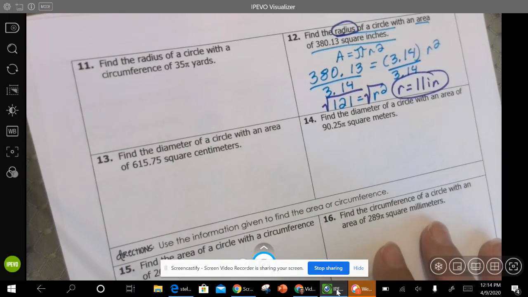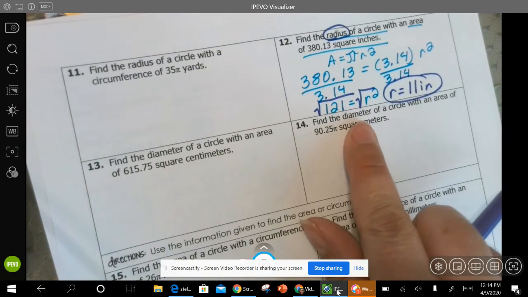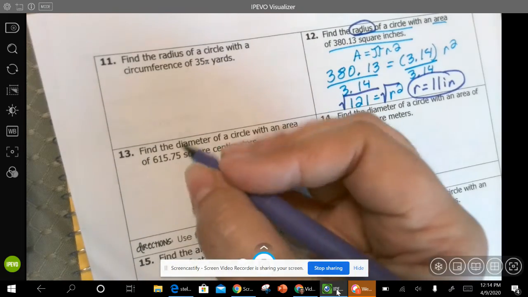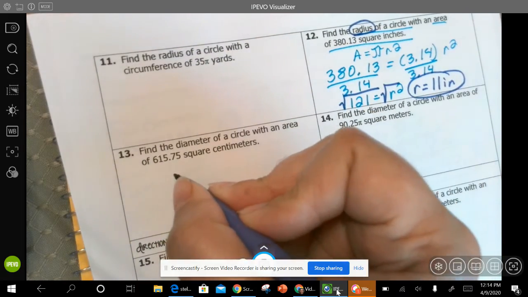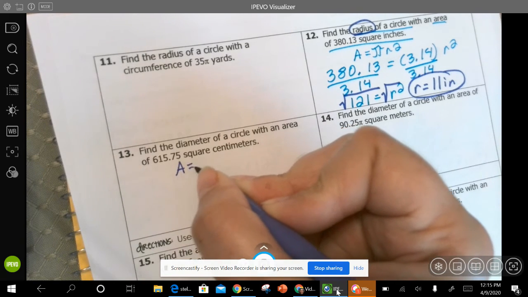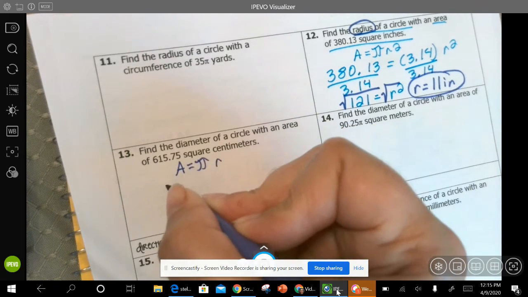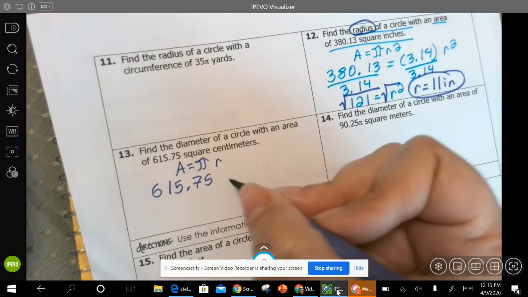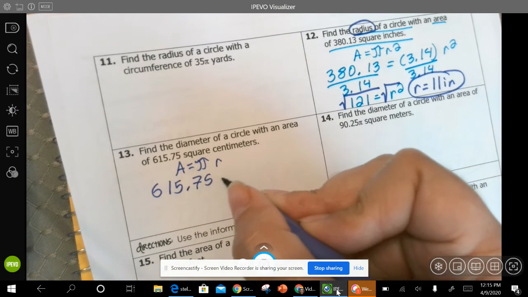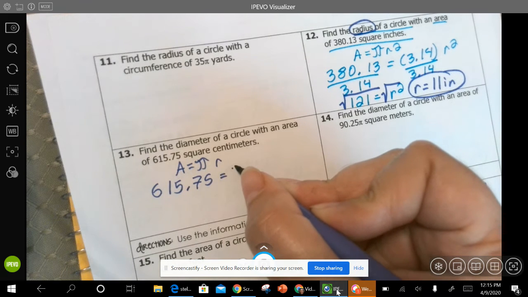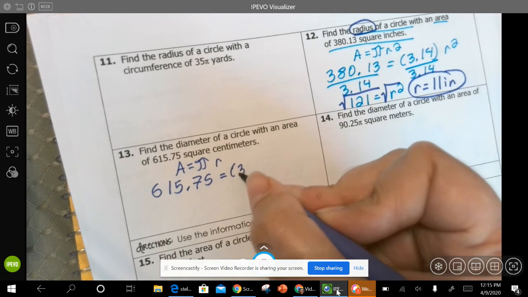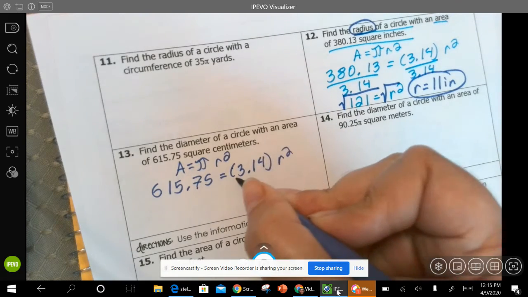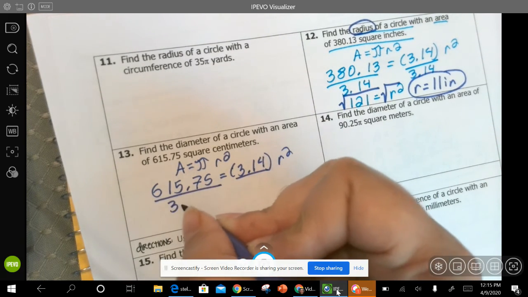This one wants us to find the diameter of the circle with the area. We're going to have to find the radius first. Remember, area is equal to pi r squared. I'm going to substitute it in. I divide each side.